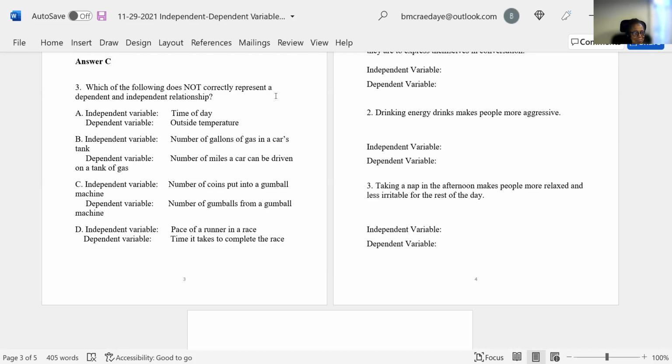Actually, 3 of them represent independent and dependent relationships. One of them does not. So read through them and tell me which one does not represent an independent and dependent relationship.